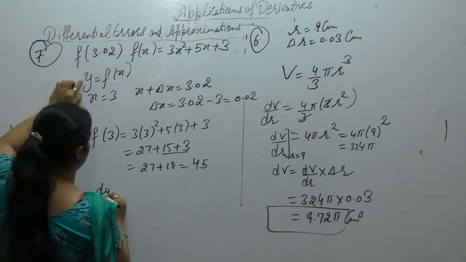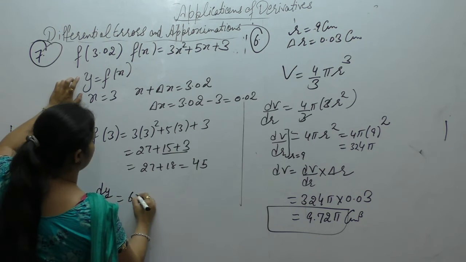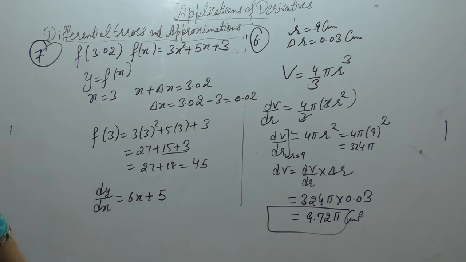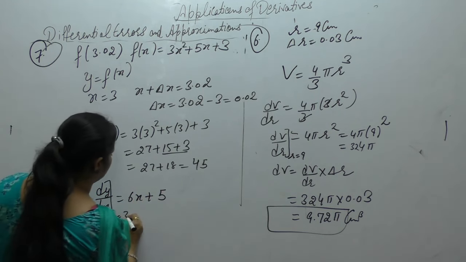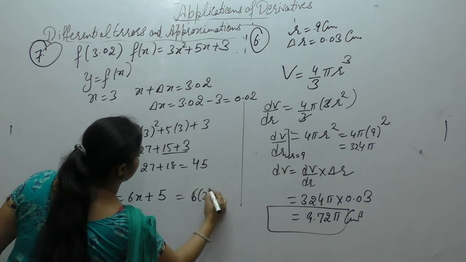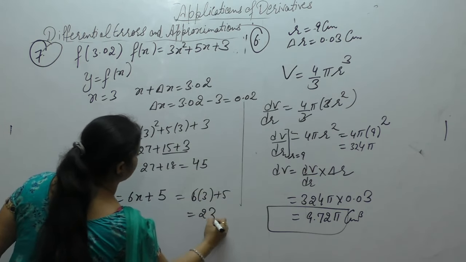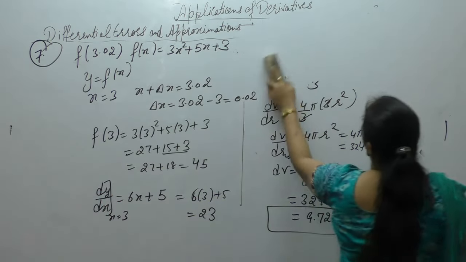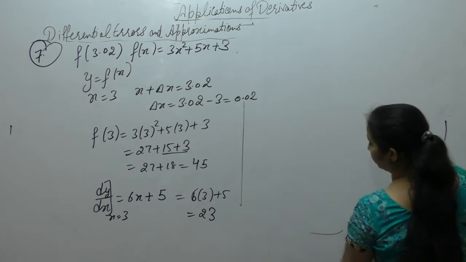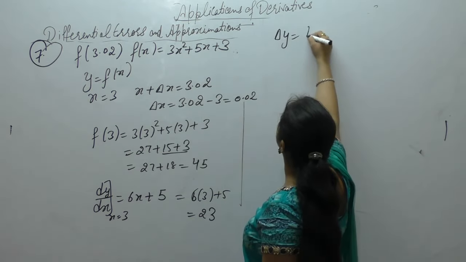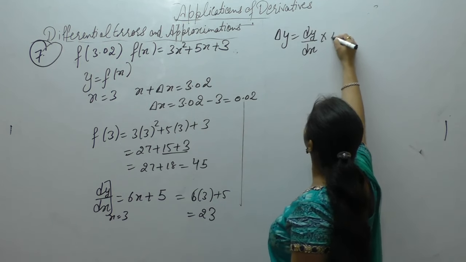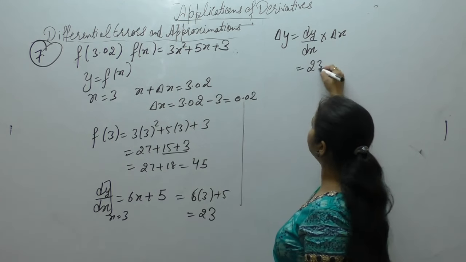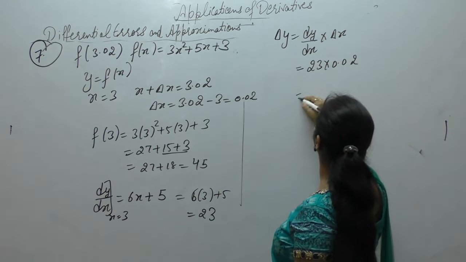Now dy upon dx is 6x plus 5. Put x equal to 3 here: 6 into 3 plus 5, 18 plus 5, 23. Now what is the value of delta y? Delta y is dy upon dx into delta x. dy upon dx is 23 and delta x is 0.02.